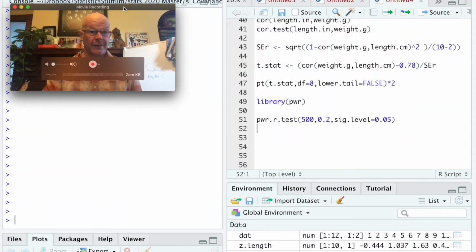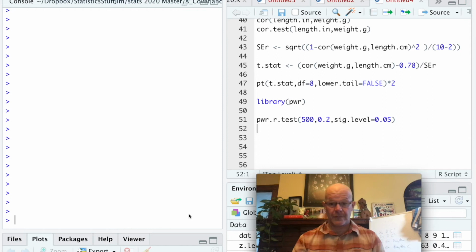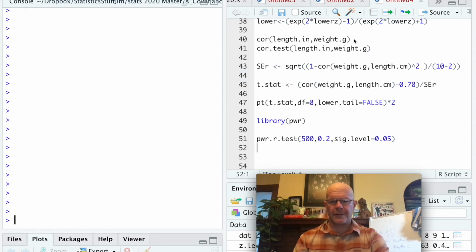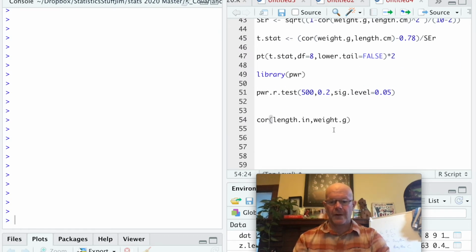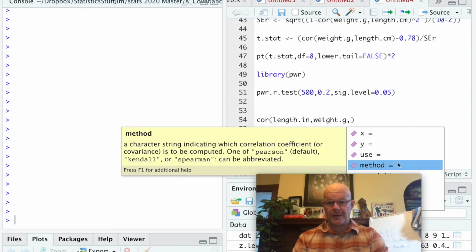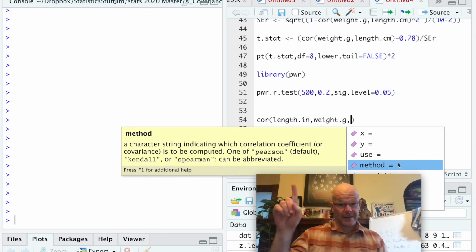And we can prove that to ourselves, shall we? Using R. So, correlation. Within correlation, there are arguments. One of those arguments is called method. So you can see, and watch me point, like that.